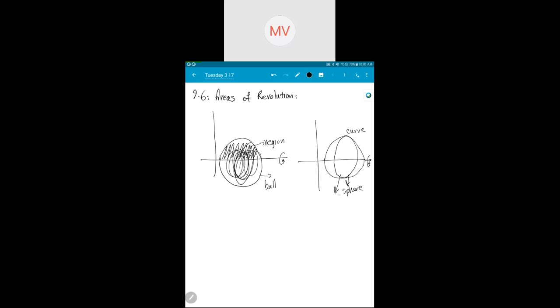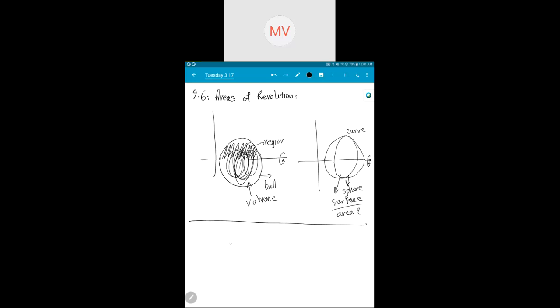And it has a surface, right? And now we want to find the area of that surface. Before that, in 9.5, we found the volume of the solid. Now you want to find the area of the surface.